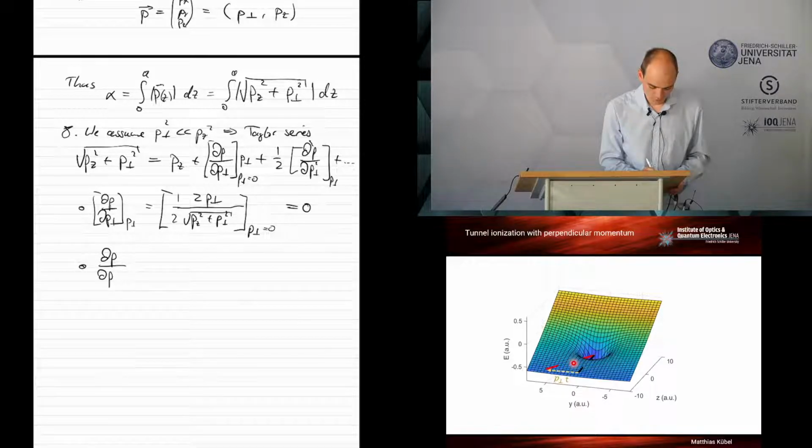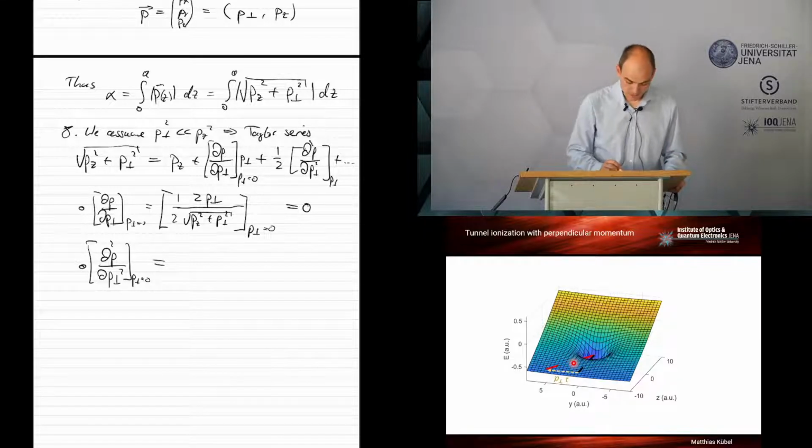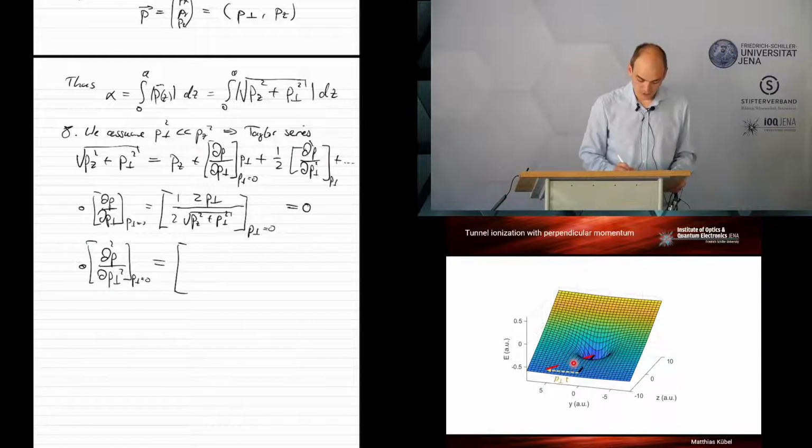Okay, so we take the second derivative, d2p over dp perpendicular squared.